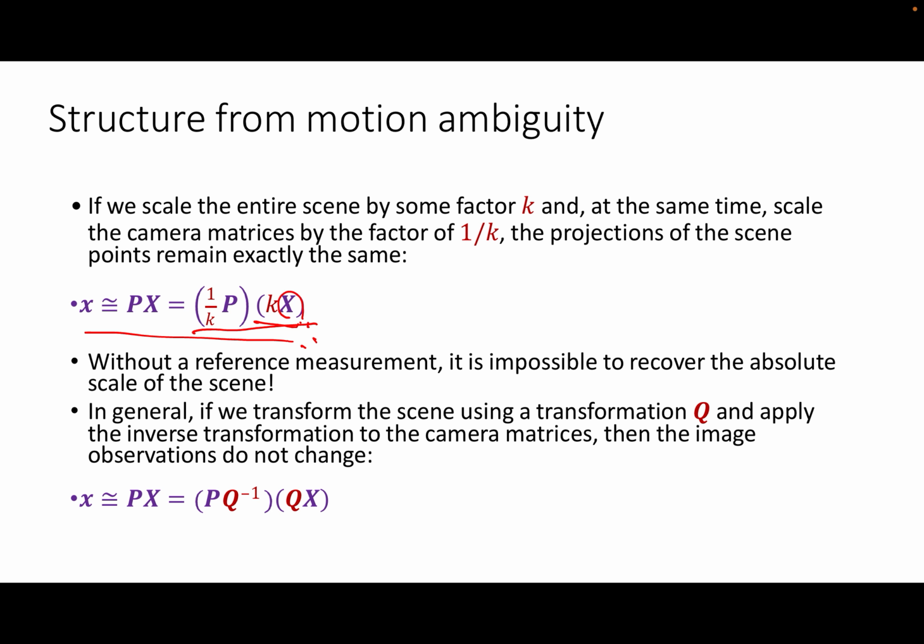We can use some factor k to scale the entire scene, and at the same time multiply P by 1 divided by k. That gives the same result, right? So there is scale ambiguity. Without a reference measurement, for example without any checkerboard or any 3D measurement, it is impossible to recover the absolute scale of the scene.